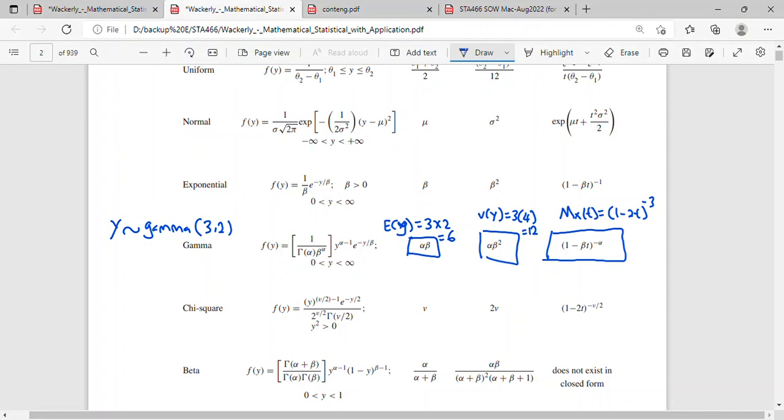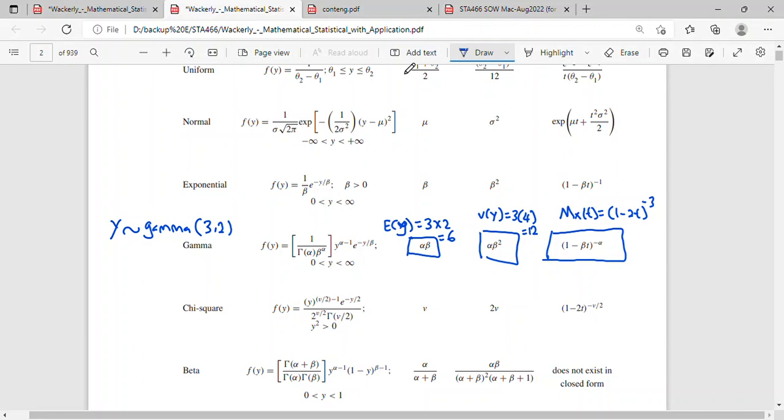Okay, but you also need to know how to derive all this formula. Kadang-kadang sometimes the questions will give you the MGF function. Dia akan bagi function MGF, then you need to determine the distribution of that random variable.